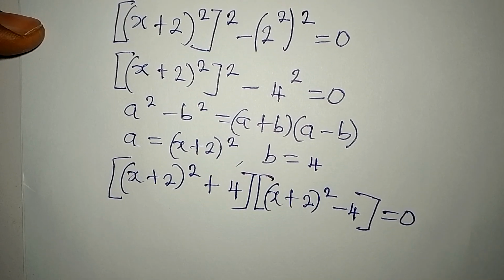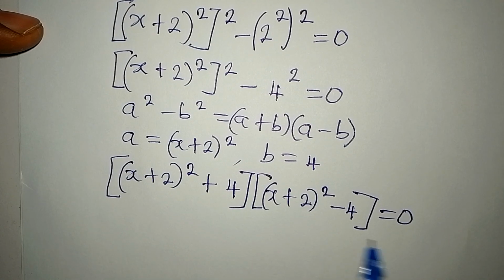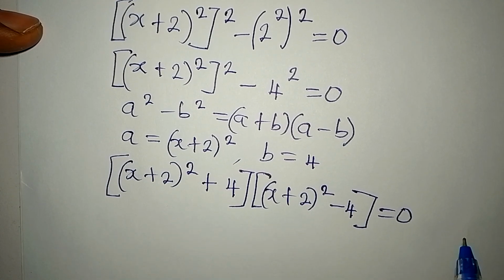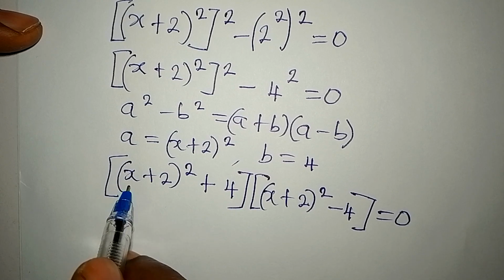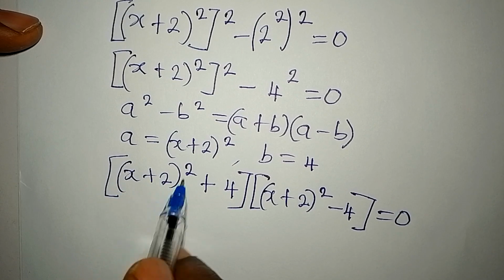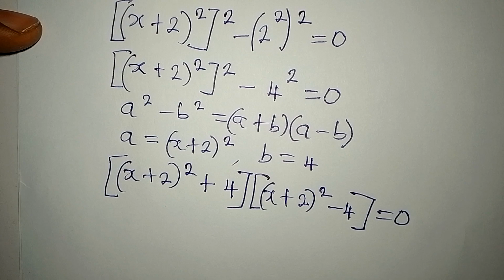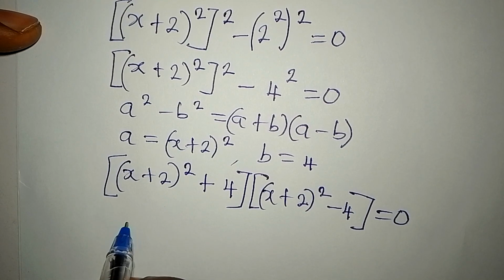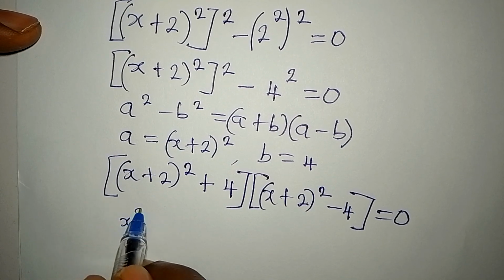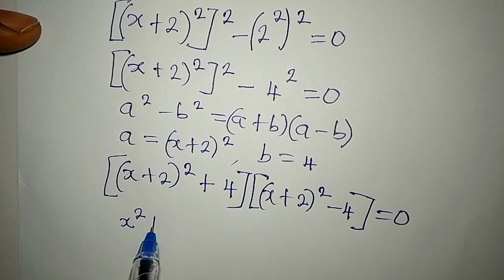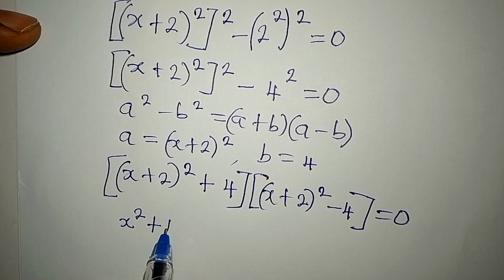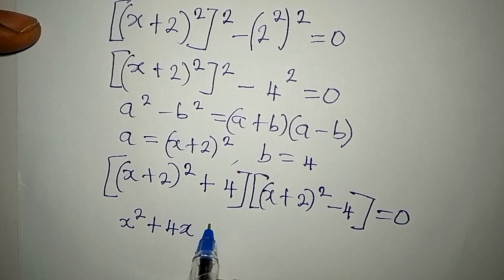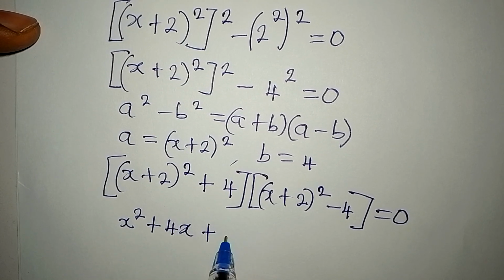Now what do I do? From here, we can equate all of this to 0, but then let's work on what we have in the bracket. So (x + 2)^2, we can expand that. When we expand that, we're going to have x^2 + 4x, then plus 2 squared, that will give 4.